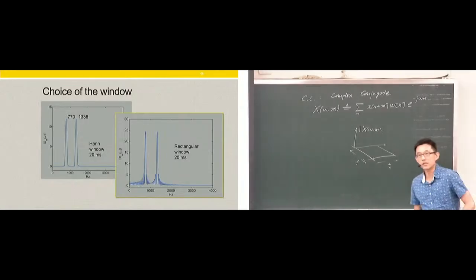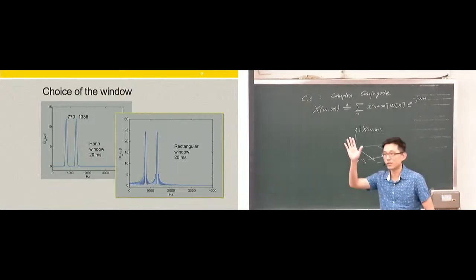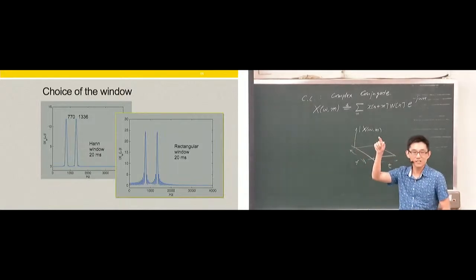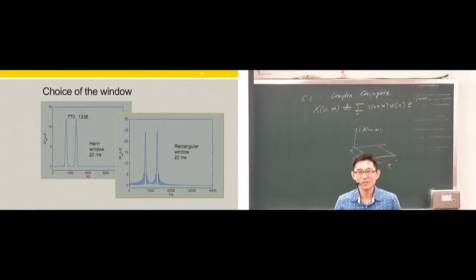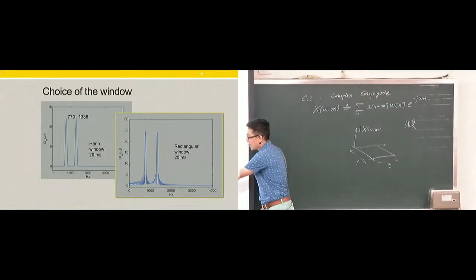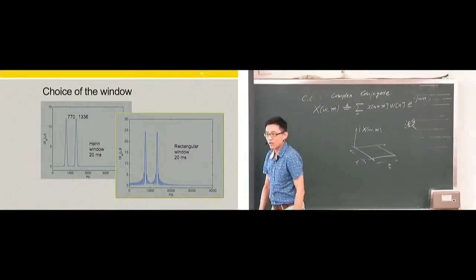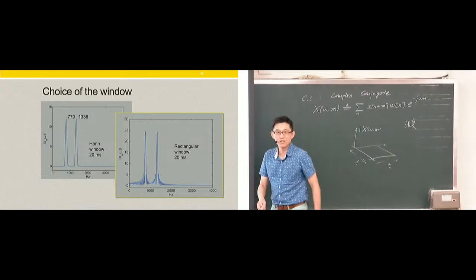Splattering. What does it mean to splatter? It's a verb. Splattering 什么意思？飞溅。Imagine there's a pot of water and it's been raining these days, right?